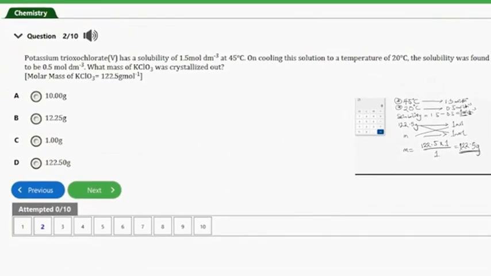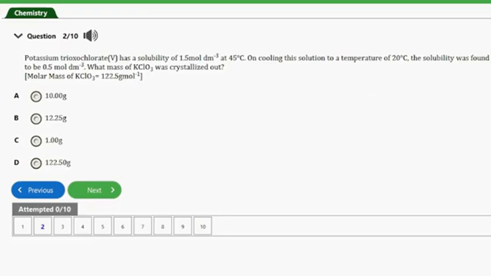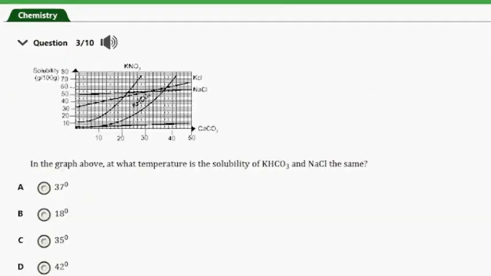So let's go ahead and wipe this off, and then let's consider the next question. That's question number 3. Here in question number 3, we also have a graph. The question says, in the graph above, at what temperature is the solubility of KHCO3 and NaCl the same?